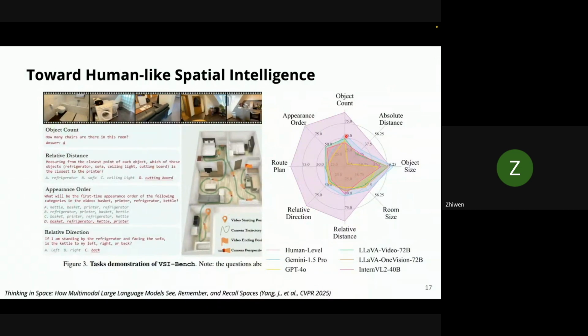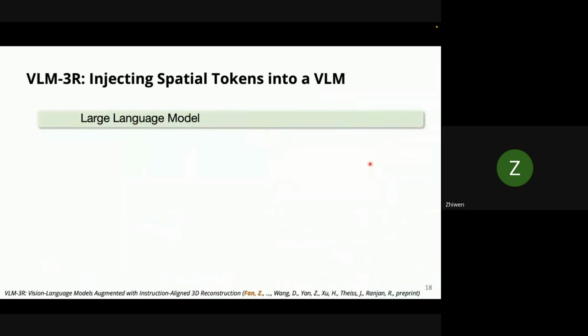Across almost all of the benchmark tasks, from appearance order and route plan to metric depth estimation like room size and absolute distance, the foundation models all lag behind human performance. That's the status of the development of foundation models for 3D perception.